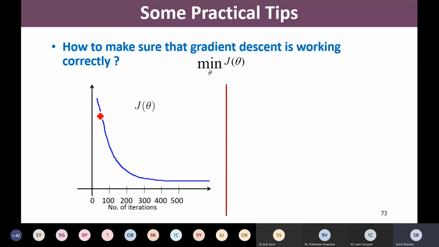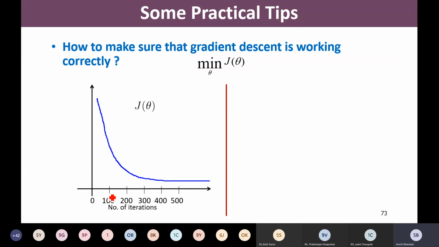If I plot the number of iterations versus the cost function g of theta, then I may get a plot something like this. So let us try to interpret this plot.